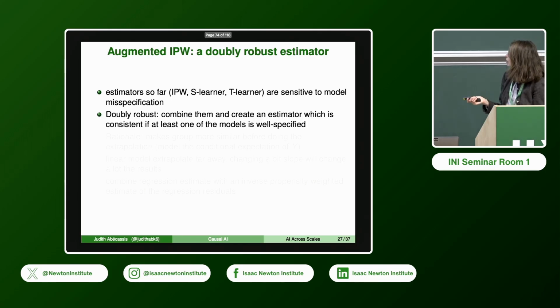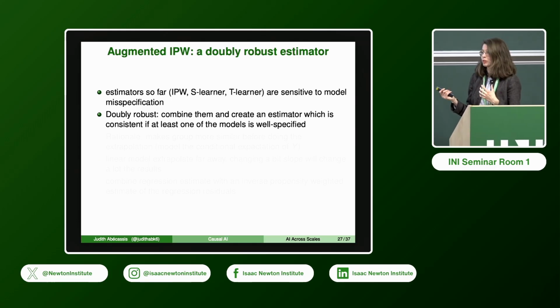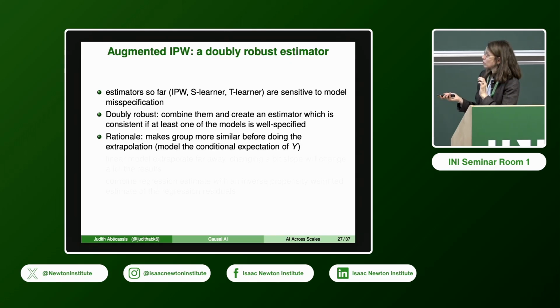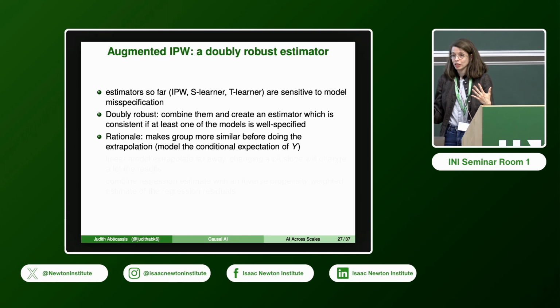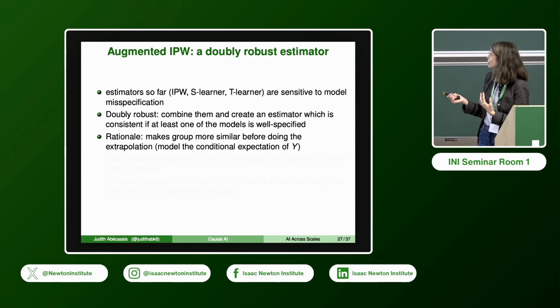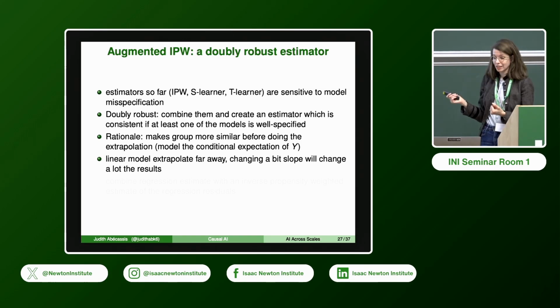So an idea would be to combine both those approaches to try to have a compensation between their strengths and their weaknesses. And so the main idea is to actually do both, and so to make both groups more similar before applying a regression estimation and to end up with a less biased model.